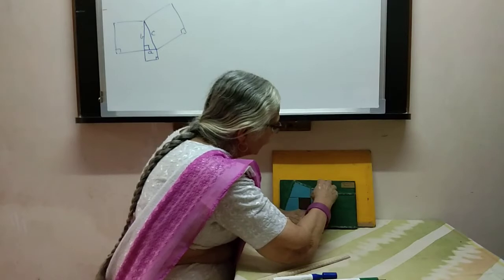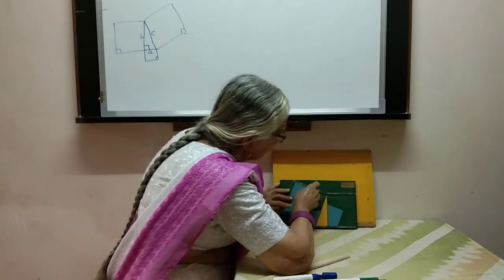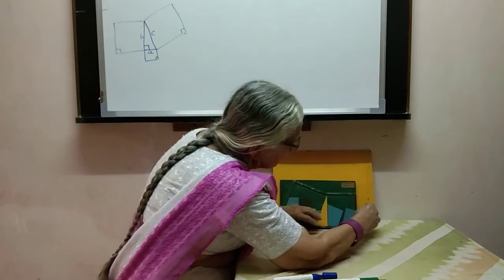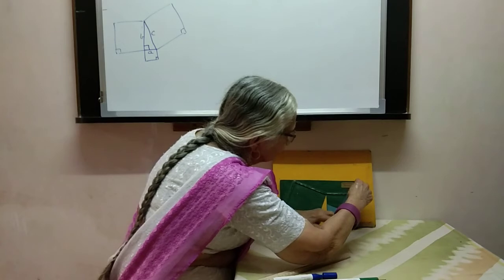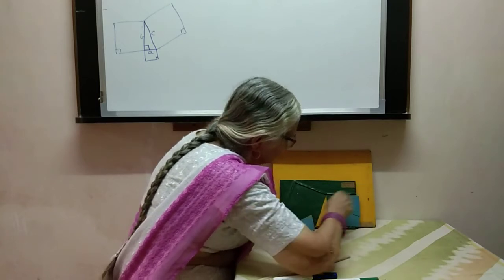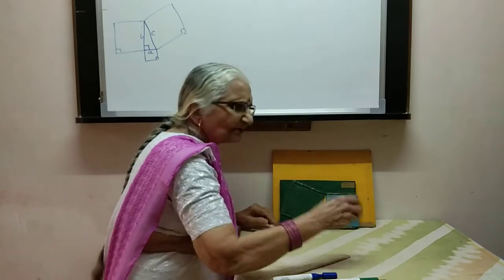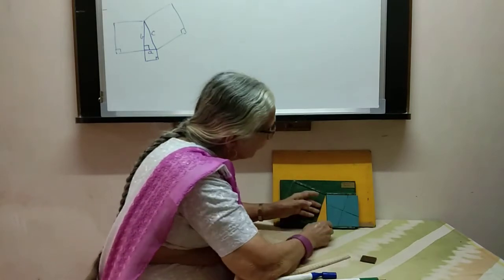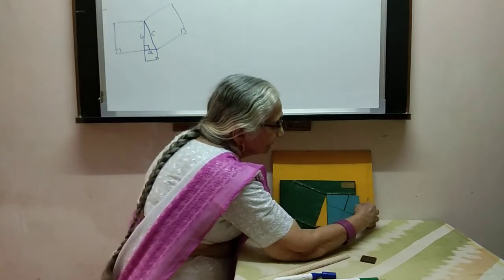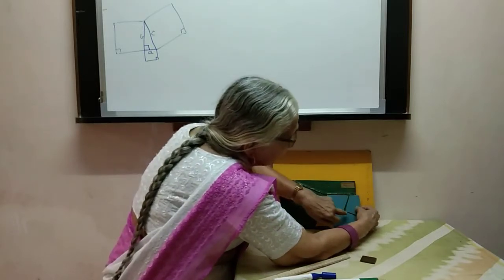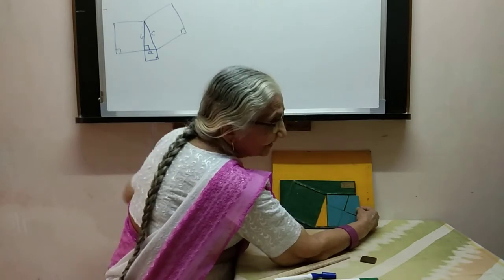I'll go back here again. This was the original position. This will go afterwards anywhere. What we do is we take up any one of them. And now the right angle which was in the middle or in the center has to go at the corner.